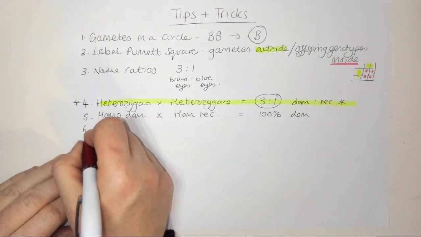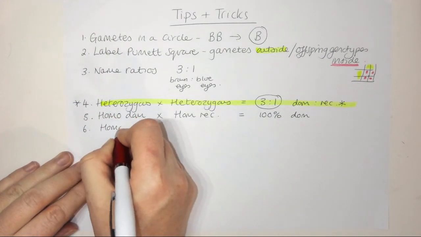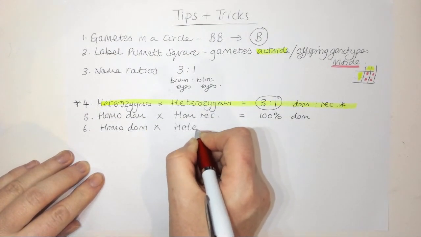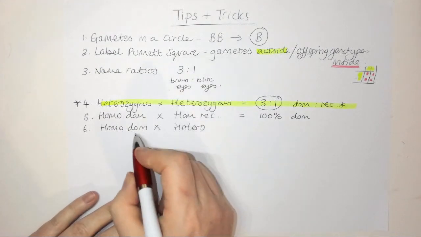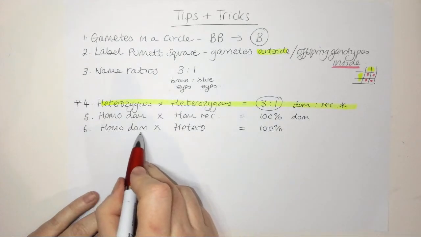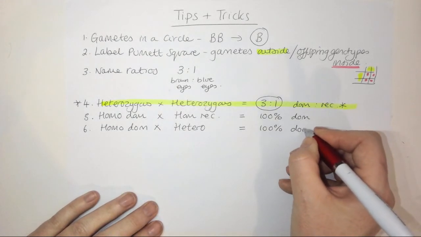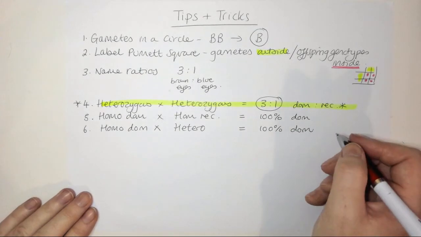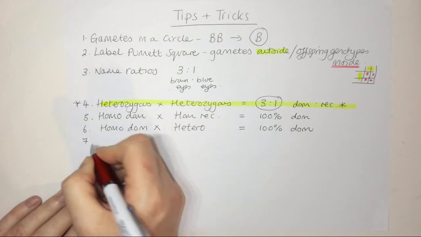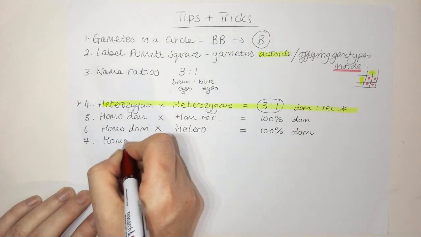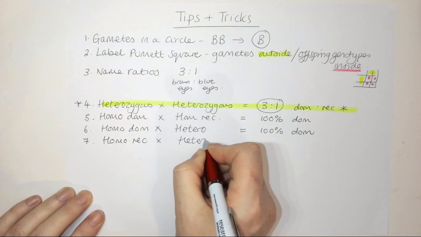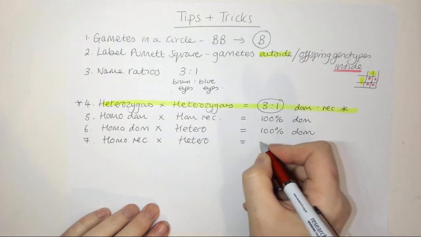If you had, let's say, a homozygous dominant and a heterozygous, we're talking about the genotypes of the parents here, then all of the offspring are going to have that dominant characteristic showing in the phenotype, because you've got the dominance here, 2 alleles. And then a last combination, if you have a homozygous recessive and a heterozygous, then you're always going to get 50-50.